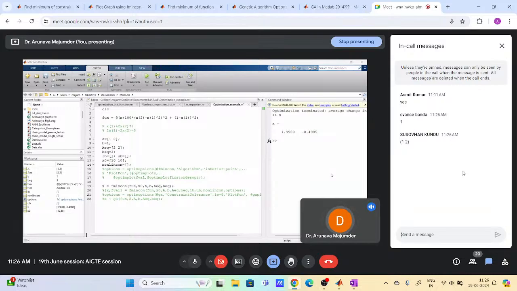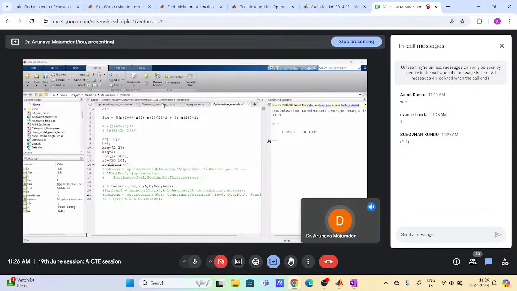1, 2 means 1 into x1 plus 2 into x2. The first constraint is 1 into x1 plus 2 into x2, and it is already written here. The symbol is less than or equal to 1, because as I already told you, in MATLAB all the constraints take the less than or equal to symbol.